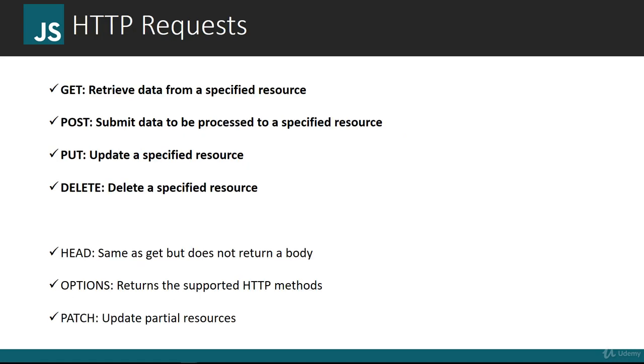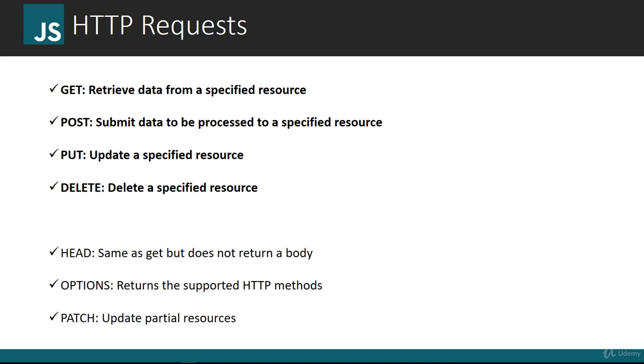All right, so let's look at the different types of requests. We've already made GET requests, which retrieve data from a specified resource. We used a GET request to get the text file data, to get the users.json file data, and to get the Chuck Norris jokes. Now, a POST request is usually used to submit data to be processed to a specific resource, so to add a post to a database, or to add a user, something like that.